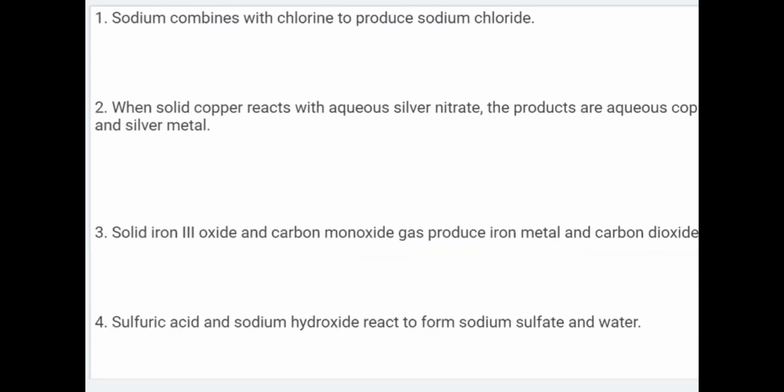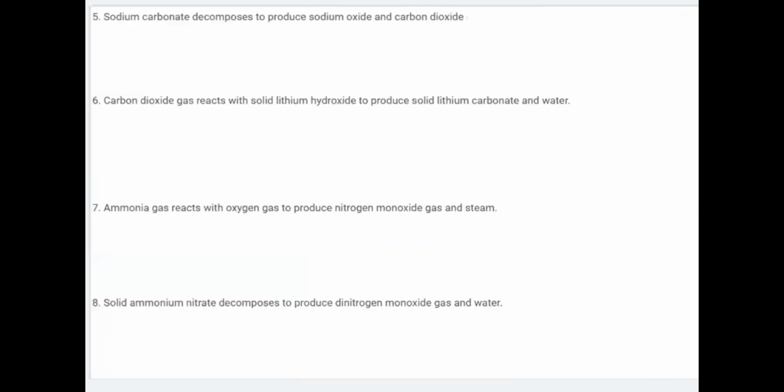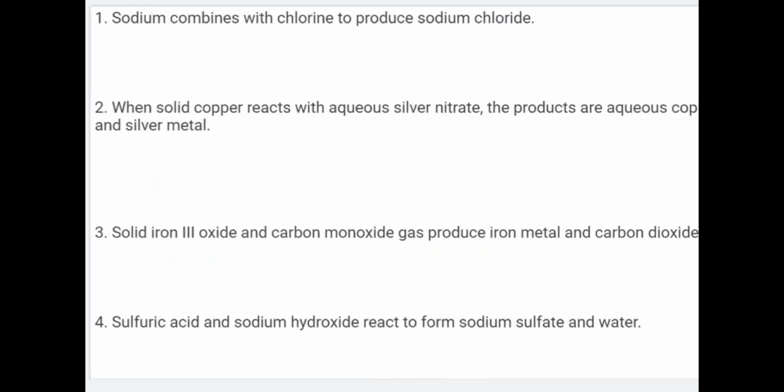Now, let's look at some word ones. So we have some worded ones. All right, we're going to do some, and then I will ask you to do the remainder ones, and you can leave your comments below on the answers you have. So this one says sodium combines with chlorine.